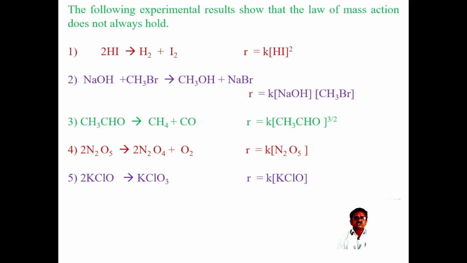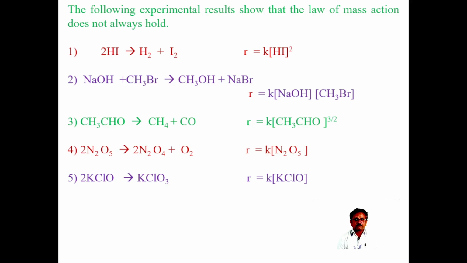Now third, CH3CHO, acetaldehyde, gives CH4 plus CO, and R equals K [CH3CHO]^(3/2). See, here the power is 3/2 for the molar concentration of CH3CHO in the rate law equation. So here it doesn't follow the number of molecules taking part in the chemical reaction.